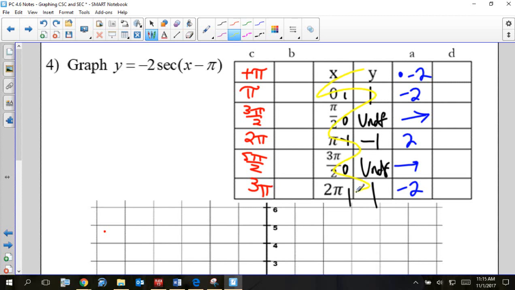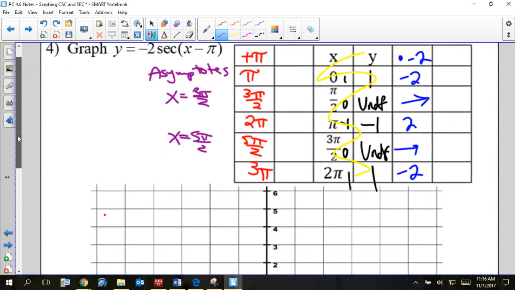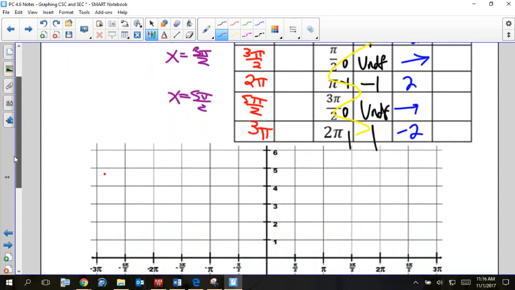When I changed my x values, I took that asymptote that was at pi over 2 and I moved it over to 3 pi over 2. So we have asymptotes in different places now. Since the asymptotes are affected by x transformations, the asymptotes are different. So we got an asymptote at 3 pi over 2 and at 5 pi over 2.